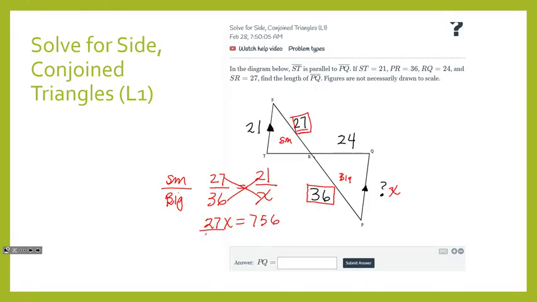Divide by 27, divide this by 27, and that, I've called X, but I probably should call it PQ. When I do it, X is what? 28, which is really this side right here. This side here, PQ is what? 28.